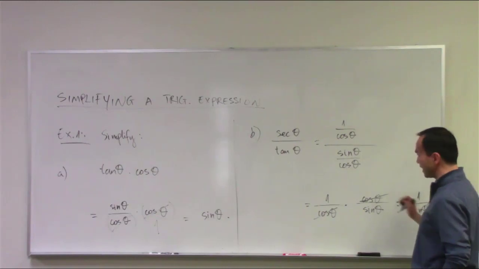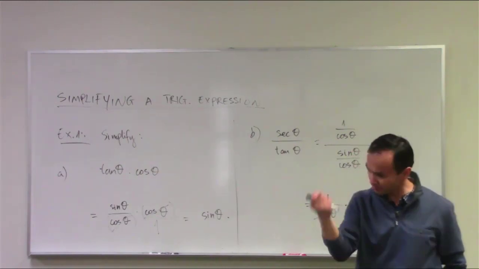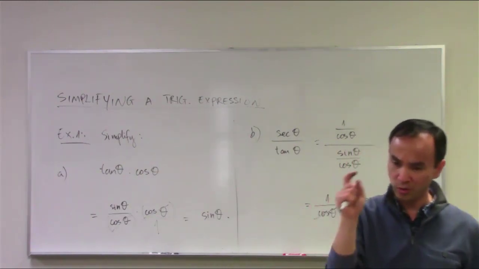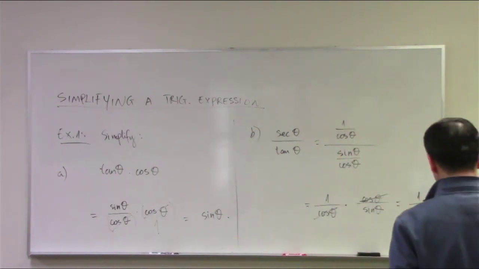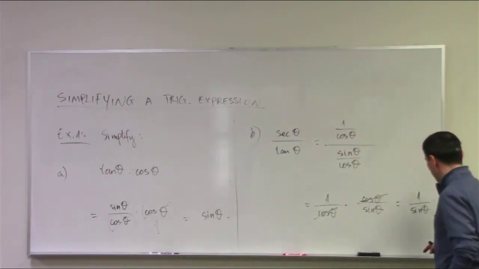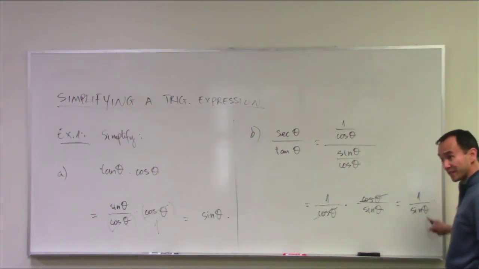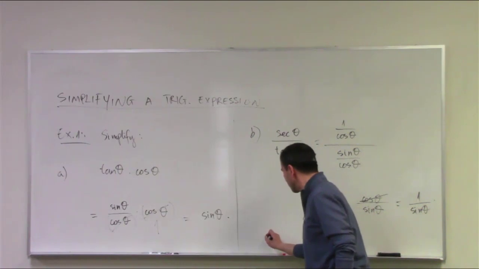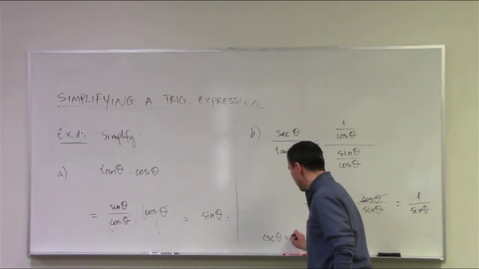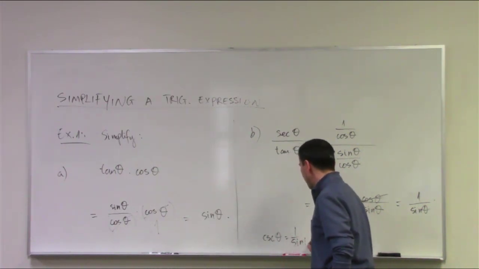So technically, in what I said earlier, a good amount of times, we're looking for a way to finally end up with a simpler expression involving either sine or cosine only. So we're there. Technically, we're there. But let me tell you guys this. You've learned that cosecant of theta equals 1 over sine of theta, right?